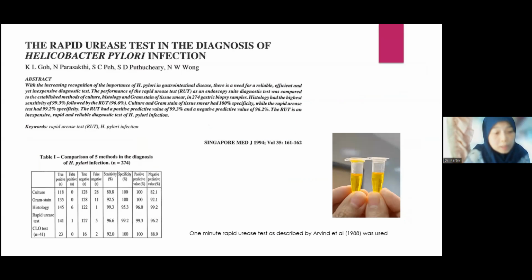Based on that publication by our former colleagues from the department, Professor Putupicheri and Prof. Parasakti, they found that the rapid urease test had high sensitivity and high positivity, but it could not beat the CLO test, which was extremely specific and had very good positive predictive value. However, the CLO test is more expensive, and the rapid urease test was a cheap method, and results could be acquired within 2 hours of the biopsy.